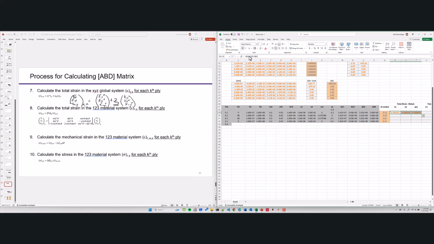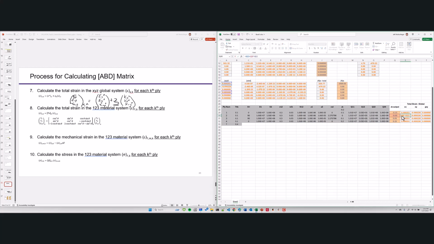Okay, now if I copy that down, I always check, say, the next one, just to make sure it picked up my Z-k of that ply, and then it did not change my midplane strains, which is correct. I'll just check another one, and that's all good. So we're happy with that.